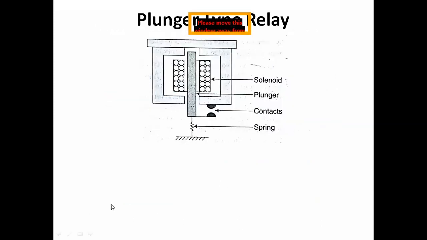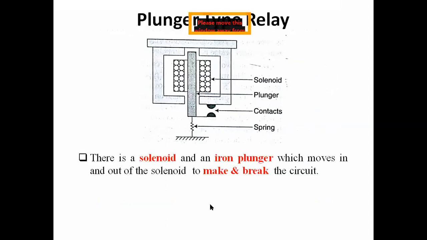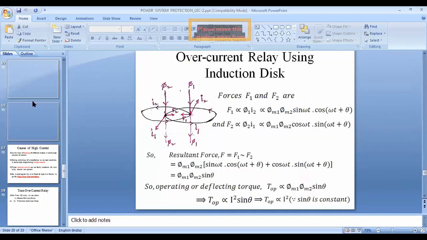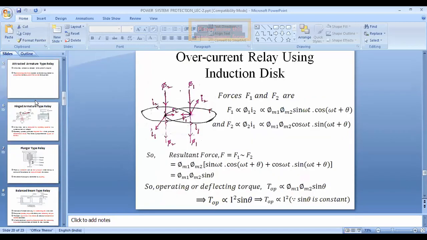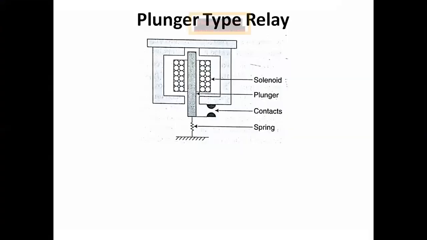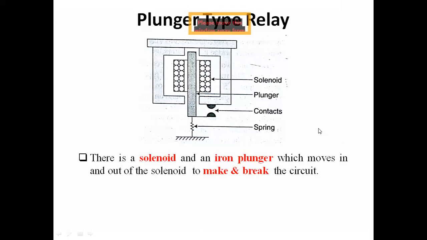Okay, so the second one is called the plunger type relay. Now, in plunger type relay, we have a solenoid and an iron plunger which moves in or out of the solenoid to make and break the circuit.